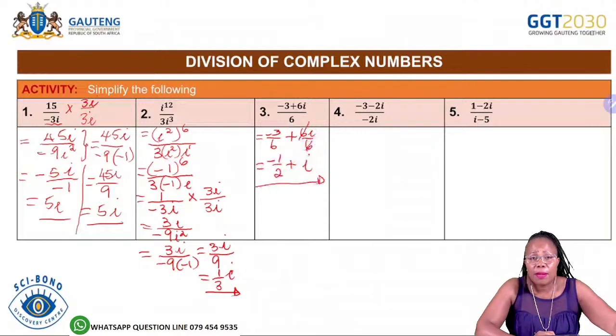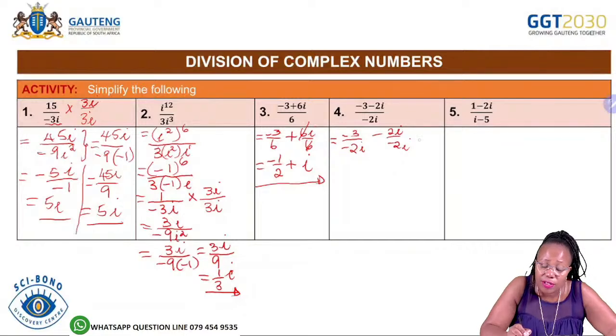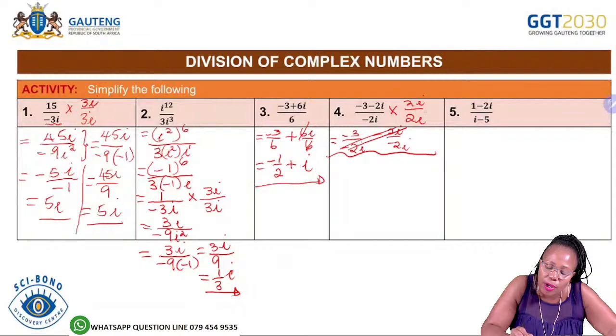And then let's look at number 4 again. Same application. We are splitting the denominator equally, so that is minus 3 over minus 2i, and then minus 2i over minus 2i, and this one will give you 1. Or alternatively, grade 12, you can go straight to the conjugate, not to complicate your life. You can multiply by the conjugate of minus 2i, which is 2i over 2i.